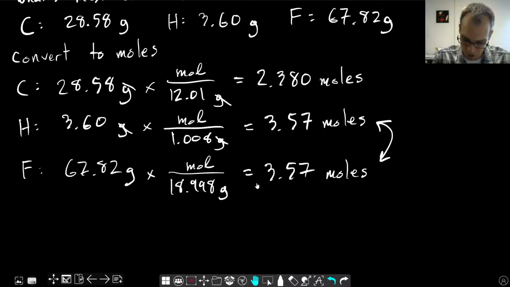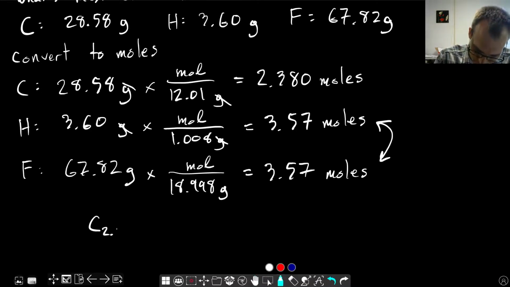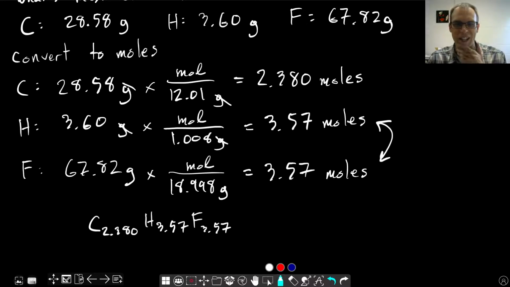We could say, well, in our molecule we have carbon 2.380, hydrogen 3.57, and fluorine 3.57. But that's not right? We want these to be whole numbers. We want to know how many atoms is in a molecule. We can't have 2.38 carbons in a molecule.